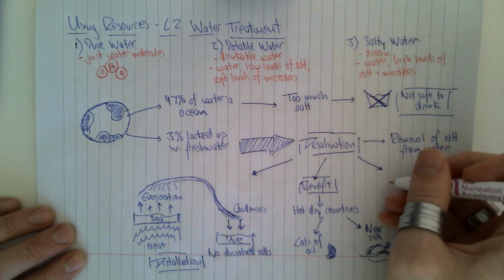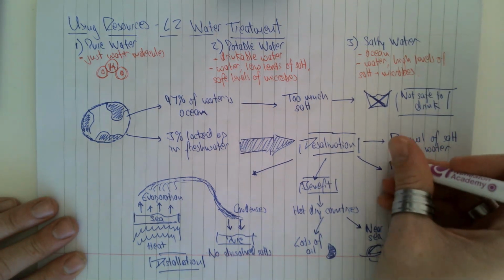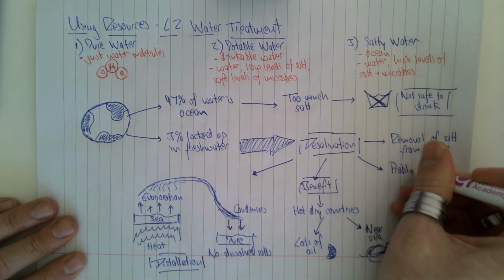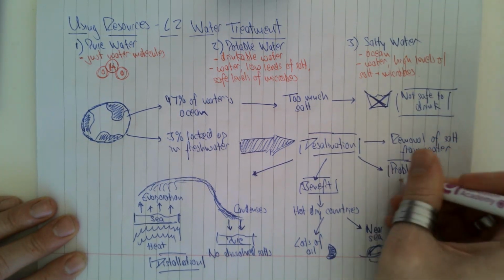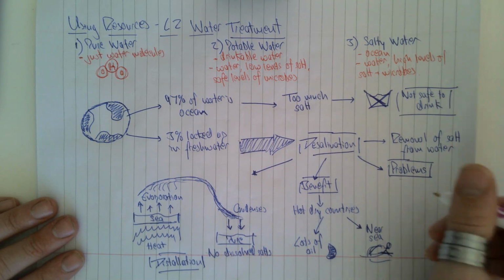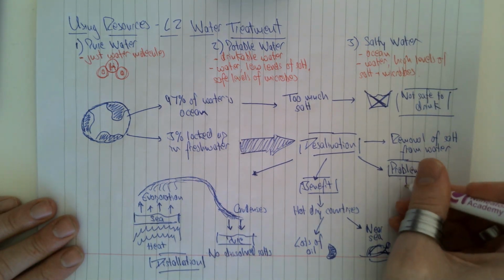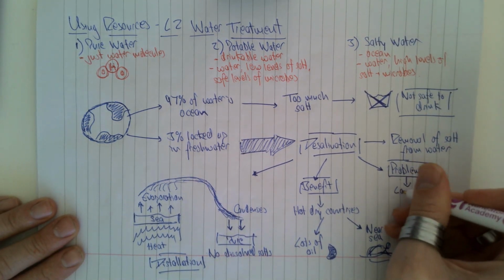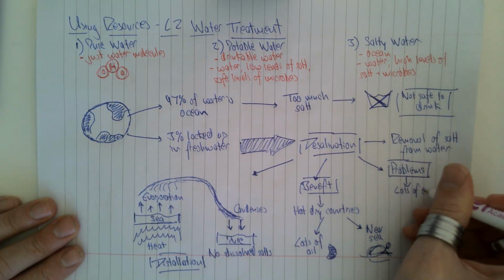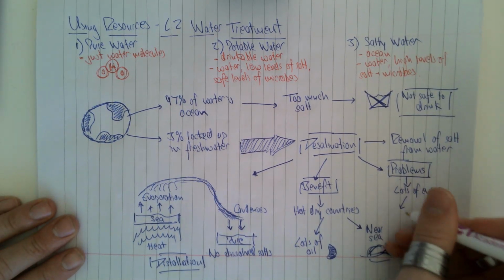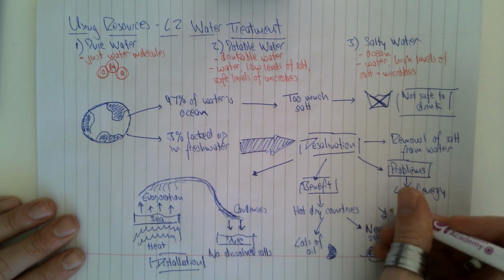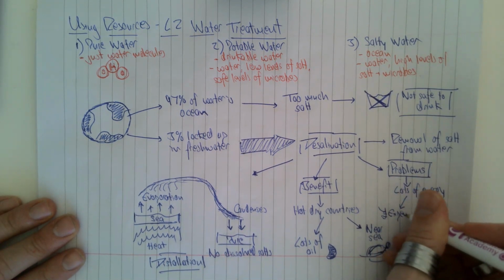Now, where it can be problematic, not as simple, is that it obviously requires lots of energy. The whole process requires lots of energy. Now, burning fuels can be expensive.